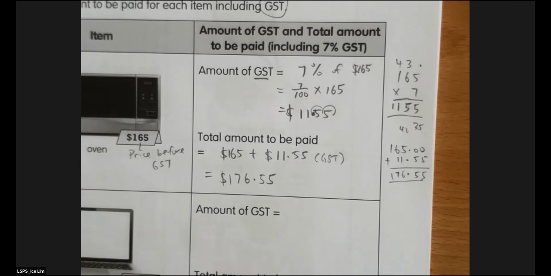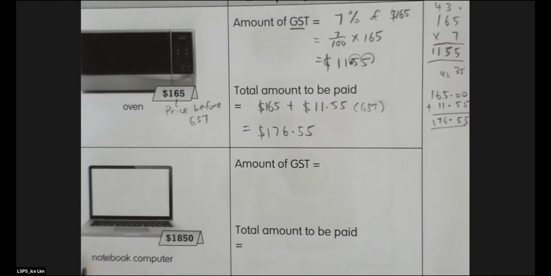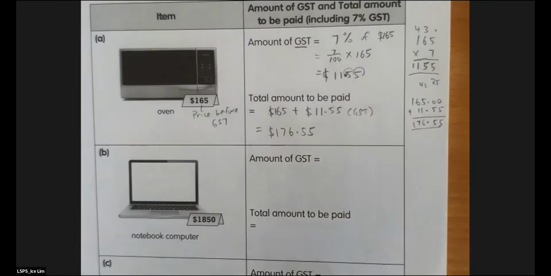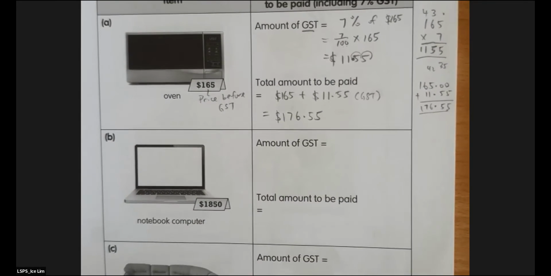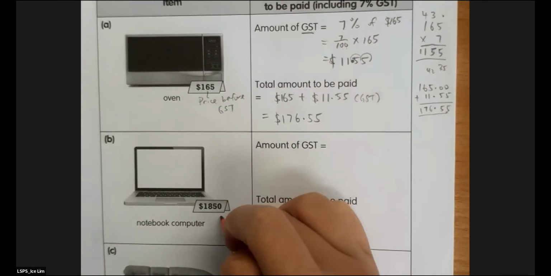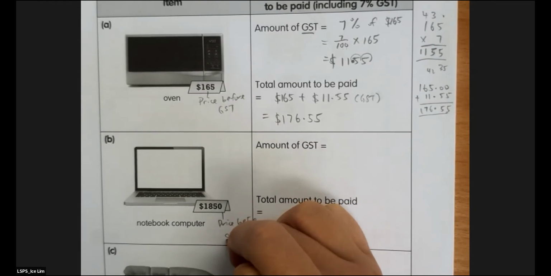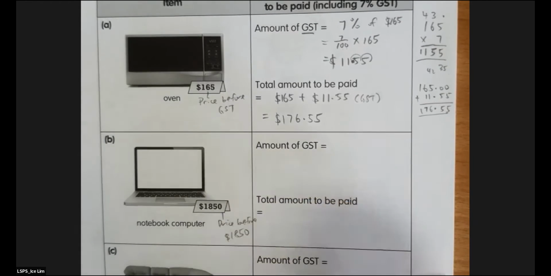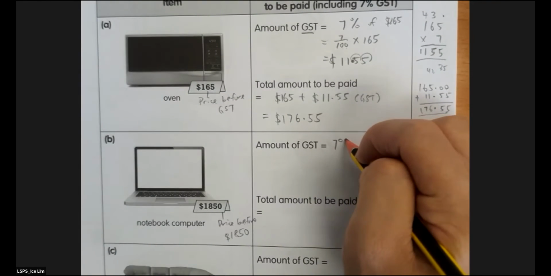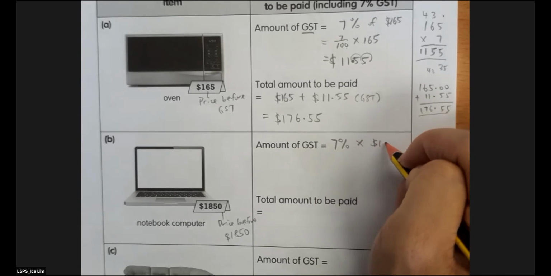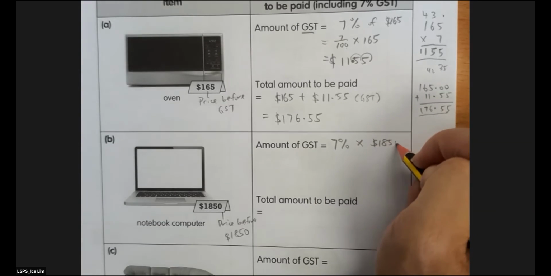Okay, next one. With the notebook computer now. The original price before GST, $1,850. Amount of GST will be 7% of the price. That means 7% times $1,850.